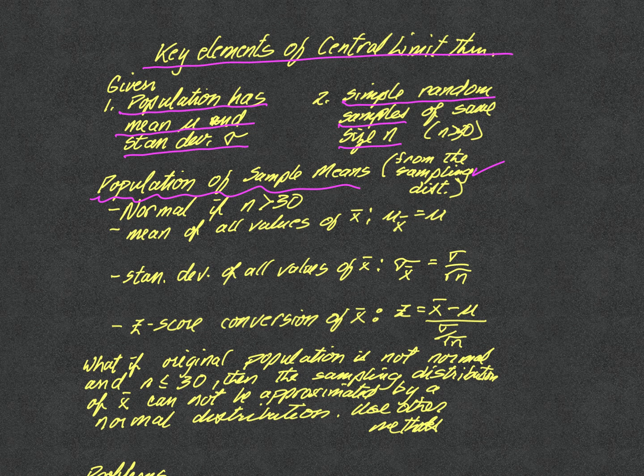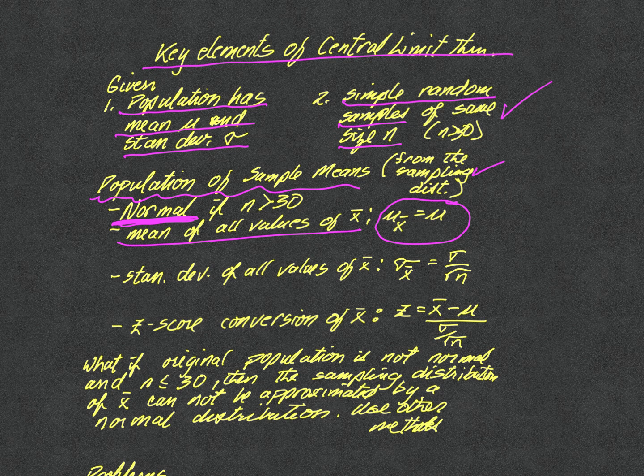Now, the central limit theorem tells us this will be a normal distribution if the sample size is bigger than 30. Okay? The sample sizes from the original population. If they're bigger than 30, then this will be a normal distribution. And the mean of all those sample means will actually equal the population mean.